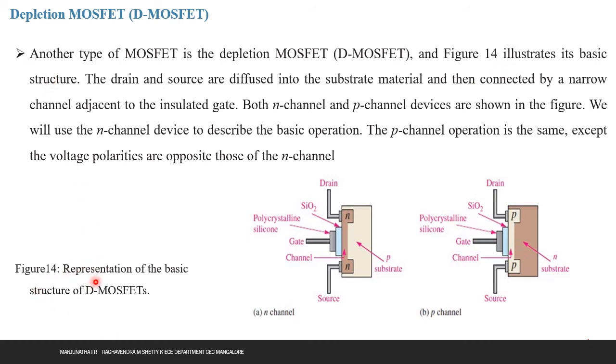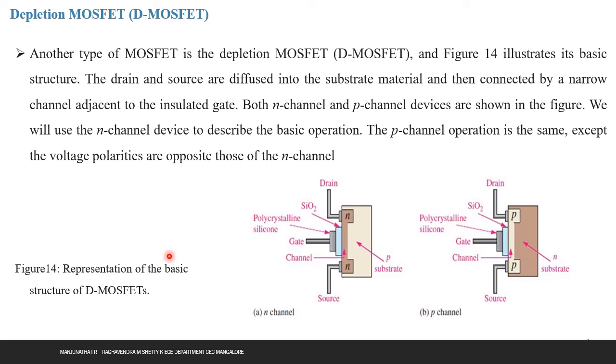The drain and source are diffused into the substrate material and then connected by a narrow channel adjacent to the insulated gate. Both N channel and P channel devices are shown in the figure. We will use the N channel device to describe the basic operation. The P channel operation is the same, except the voltage polarities are opposite those of the N channel.